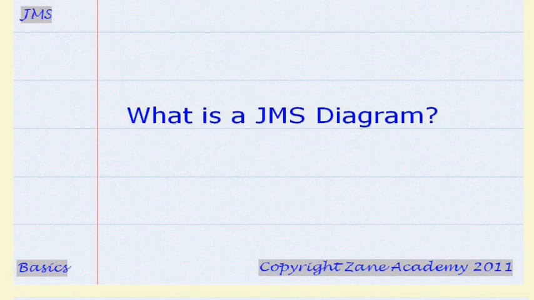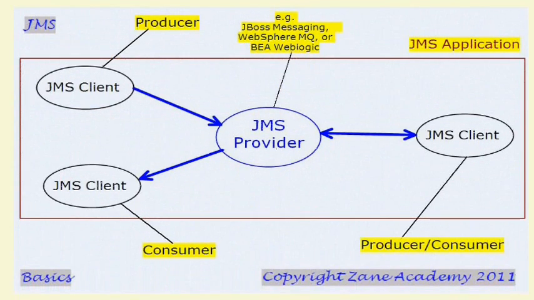Let's do a quick JMS diagram to talk about the different actors in a JMS application. We have a JMS producer, which is essentially a Java application, a JMS client that is producing and sending messages.